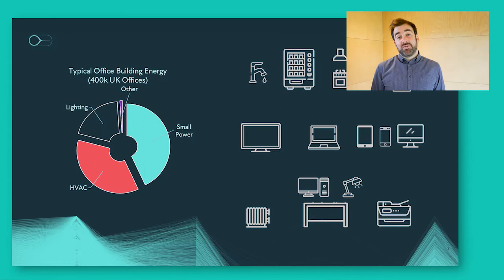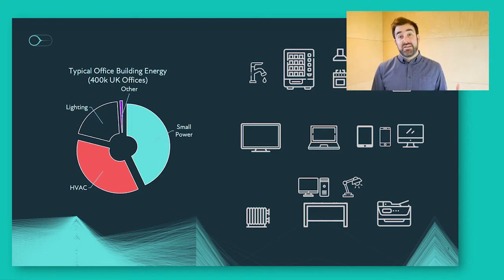So let me take you back to the beginning to understand where we are reducing our energy from. On the screen you can see a diagram that represents the average makeup of a commercial office. So this is representing the 400,000 offices in the UK, the million or so offices in the US, and the many millions more across the world.